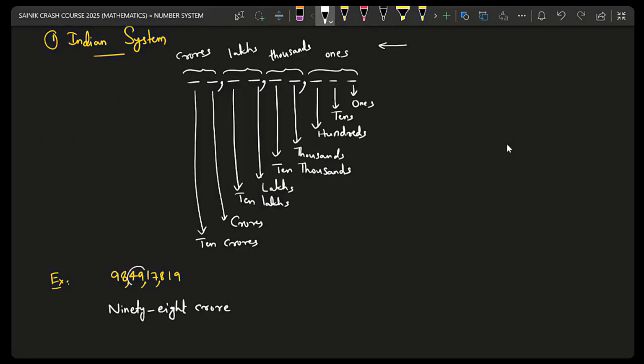And then we have to say the name of this number, that is 49. So just write 49. Then add the name of the period. 49 is there in lakhs period. So you write lakh. Don't write lakhs, write lakh. It's not plural, it is singular. 49 lakh. And then this number is 17. And 17 is there in which period? It is there in thousands period.